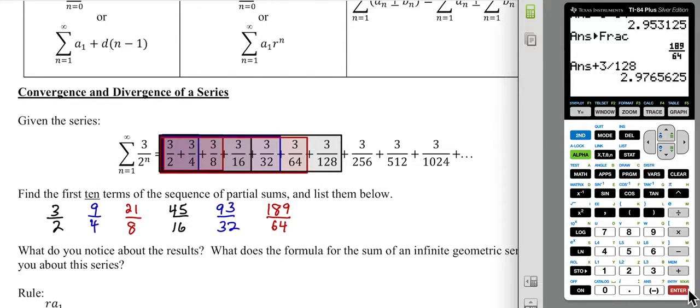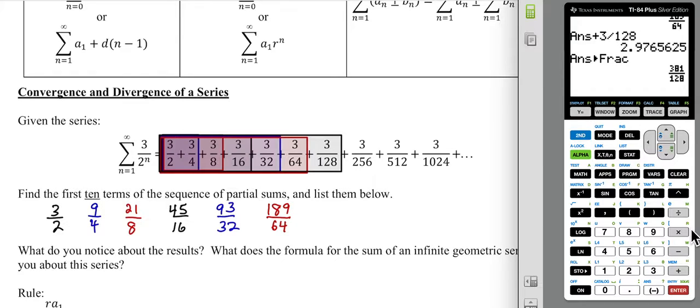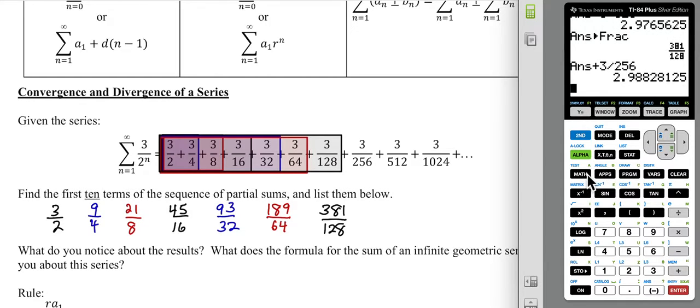Figuring out the pattern is more for fun at this point, because there are tried and true techniques that'll get us there more efficiently. 381 over 128. So 1, 2, 3, 4, 5, 6, 7. 3 more. I think I'm probably proving the point of just how tedious this can be and how much you don't want to have to do this.